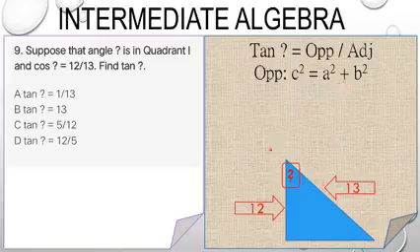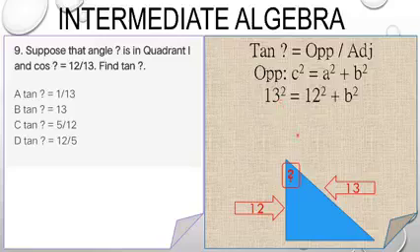Okay? So to find the opposite, ito yung gagamitin natin. Alam natin na yung c natin or the hypotenuse is equal to 13. So palitan natin ng 13. Yung a natin, let a be our adjacent side. And alam naman natin na yung value ng adjacent is equal to 12. At yung b naman natin is the opposite side. Ito yung hinahanap natin. Okay, so we have 13 squared is equal to 12 squared plus b squared.